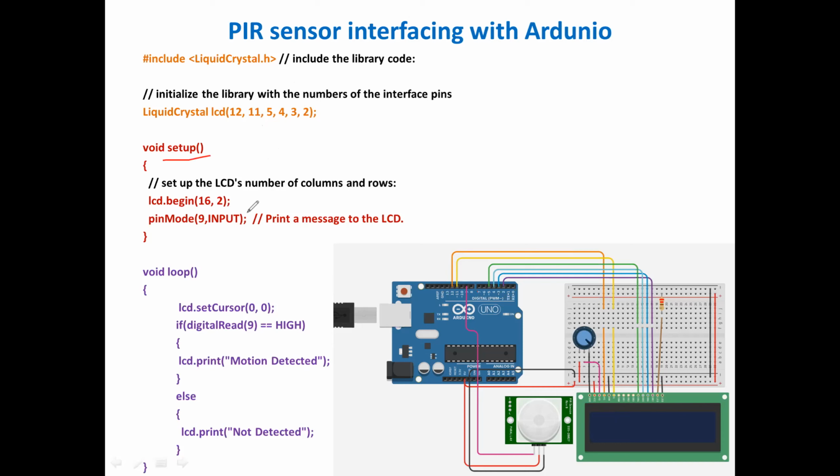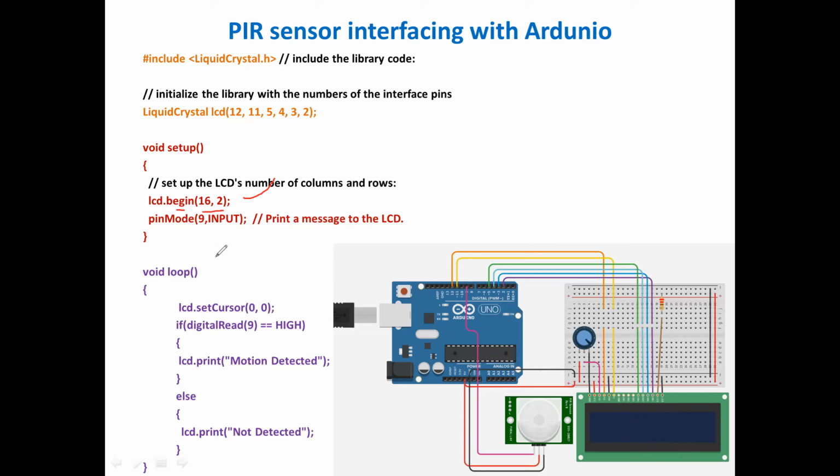In the setup function, I'm configuring that we are going to use a 16x2 LCD, that is 16 columns and 2 rows. We have an inbuilt function lcd.begin, so just go to the Arduino reference. lcd.begin(16,2) indicates which type of LCD we are interfacing.